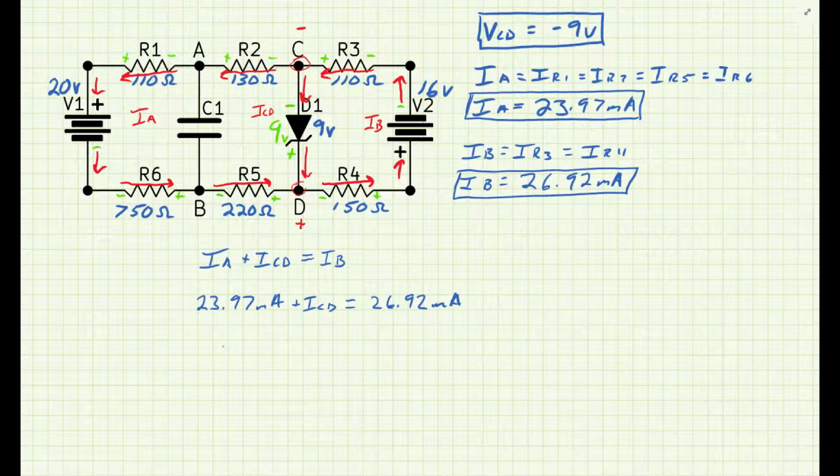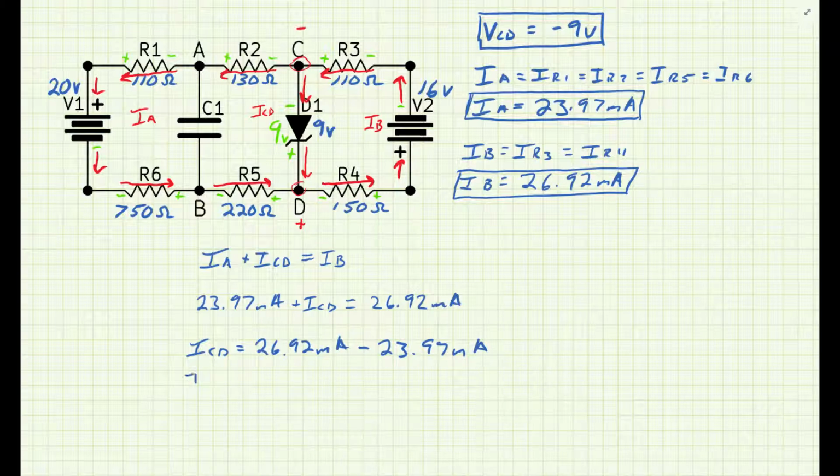What I really need is ICD, so let's say ICD equals, in this case, 26.92 milliamps minus 23.97 milliamps.